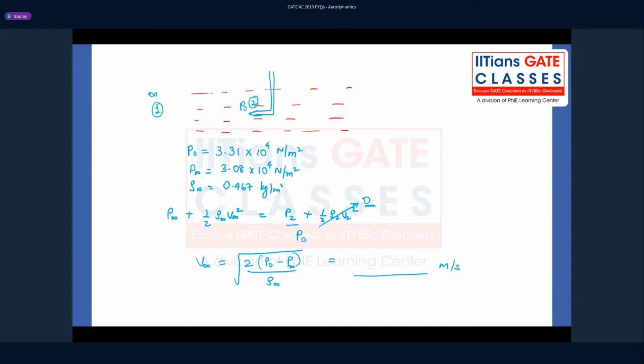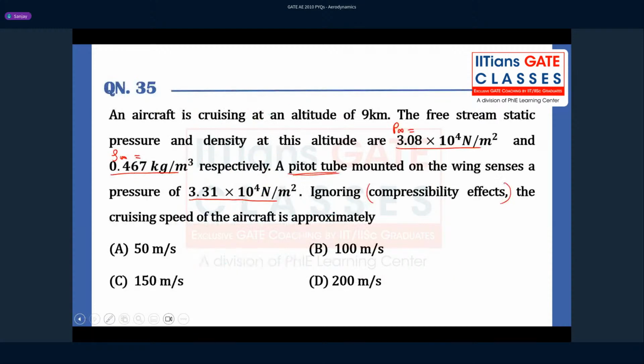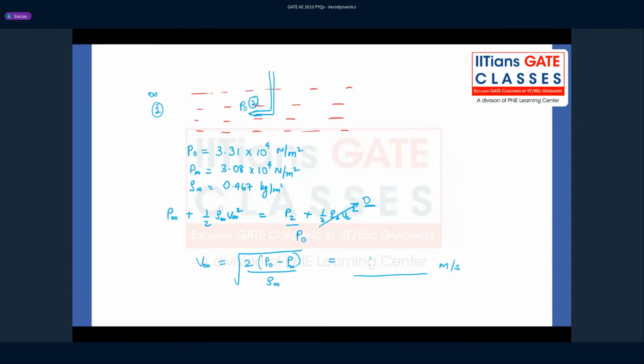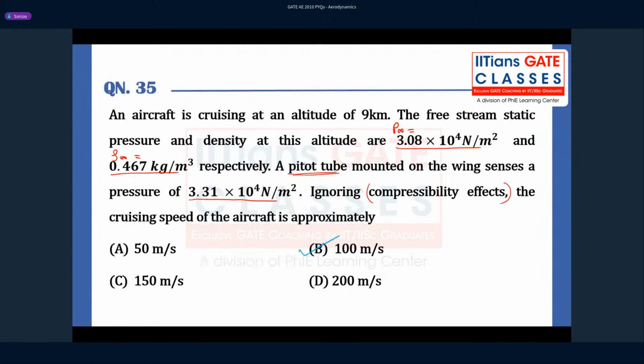It is a straightforward application of Bernoulli's equation. So what will you get here? You will get around 99 meters per second. But if you look at the options, they have rounded off. So approximately it is around 100 meters per second, right? So option B is the correct answer. Okay. I hope this is clear to you all.